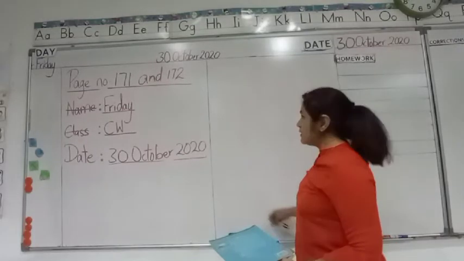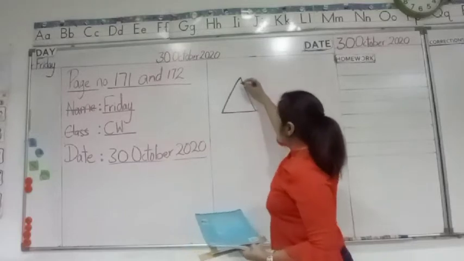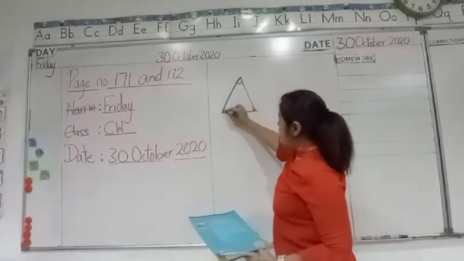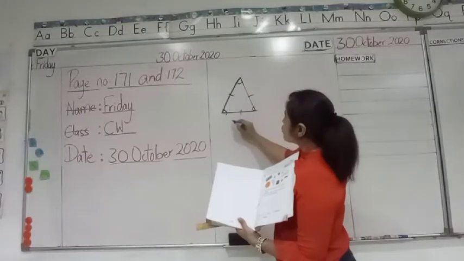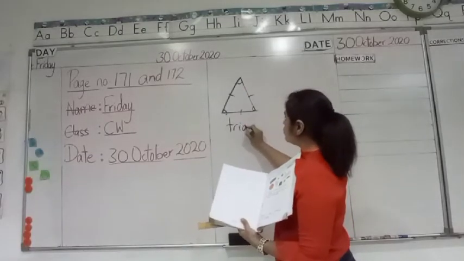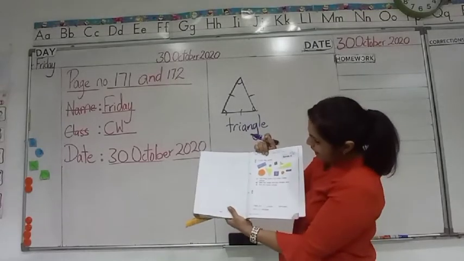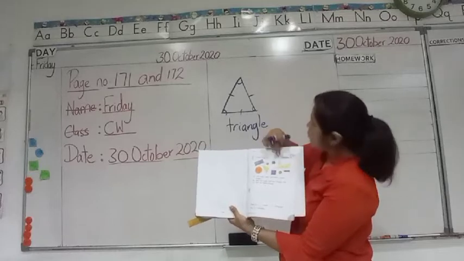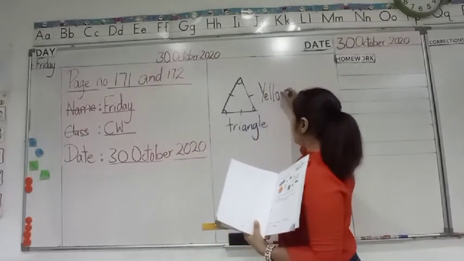So 3 sides and 3 corners, that will be a triangle. 3 sides and 3 corners is a triangle. So you have to color this triangle. There are how many triangles? 1, 2, 3. So 3 triangles, you have to color them yellow.